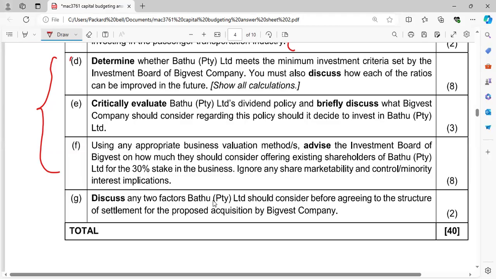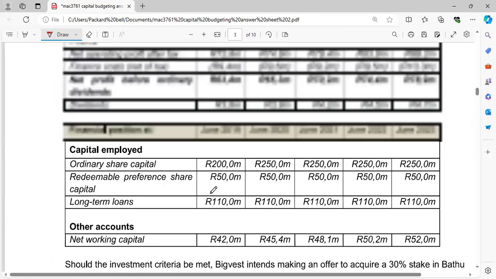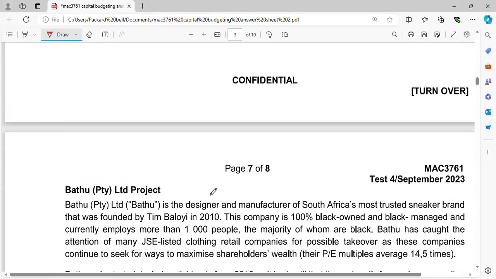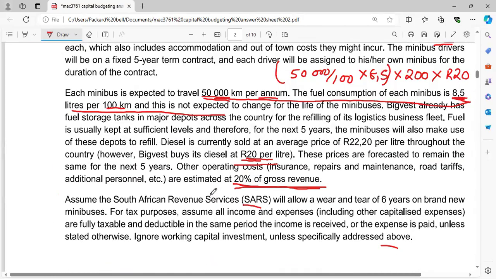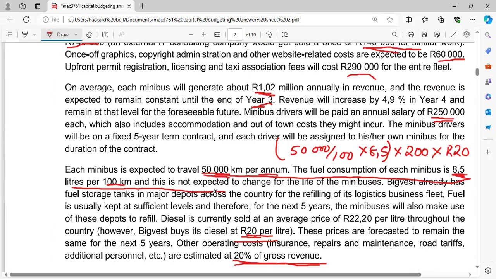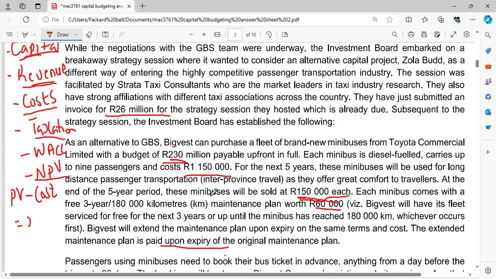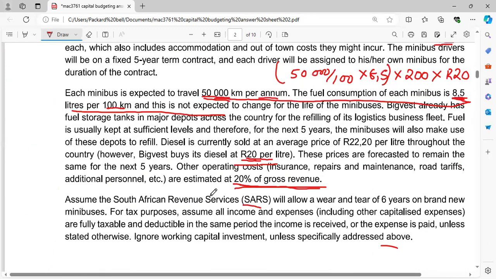Okay, you mean the depreciation? Yeah, for tax purposes. Okay, based on our question, let me just go to the question and see. What was the criteria for depreciation here?